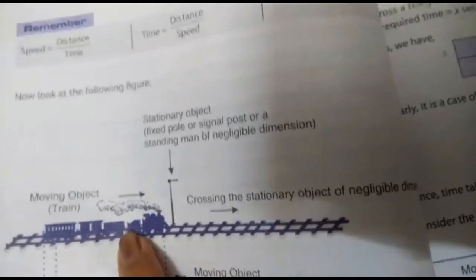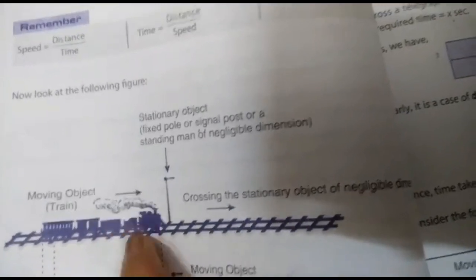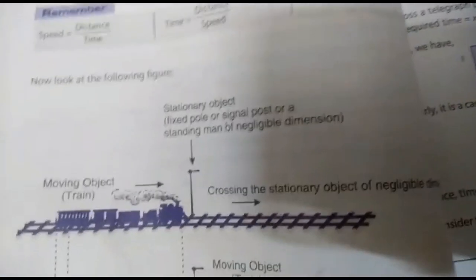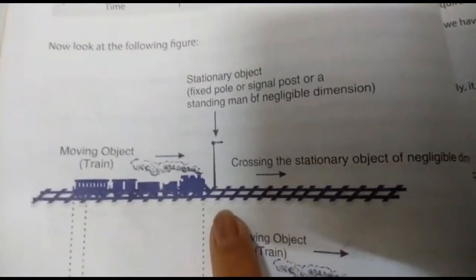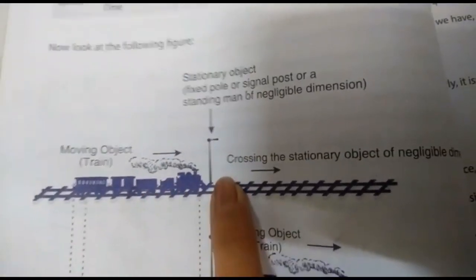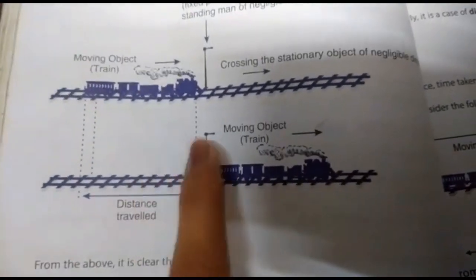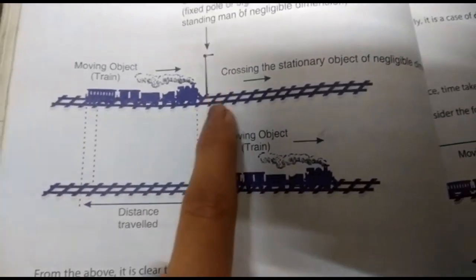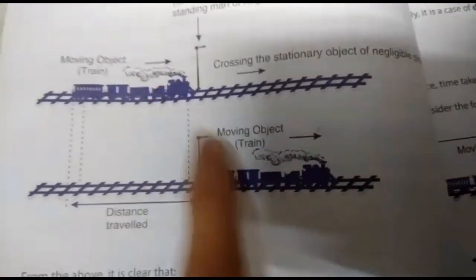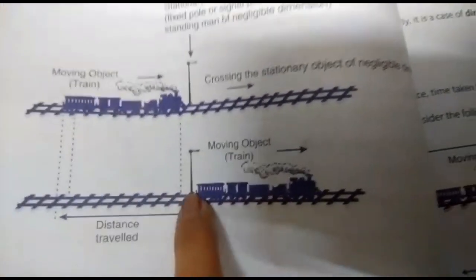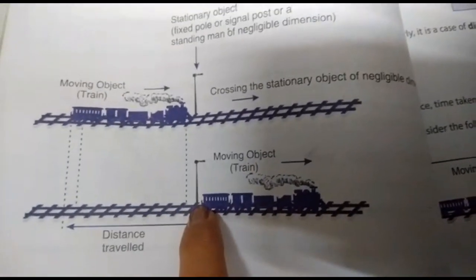What distance will be covered by the train if we have to cross this? It means this is situation 1. After crossing this man, this object, see here, earlier the train was before this and now the train is after this. It means it is crossed by that train.